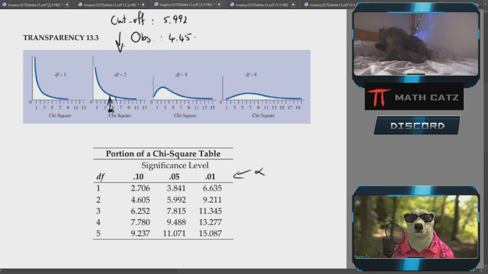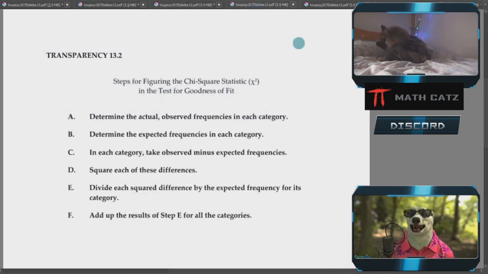So let's look at another example just to make sure we understand the procedure through calculating our chi-squared statistic, where we get the observed frequencies given in a question, or we do a survey ourselves.